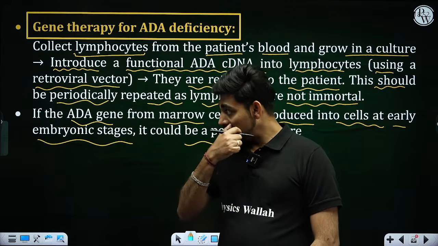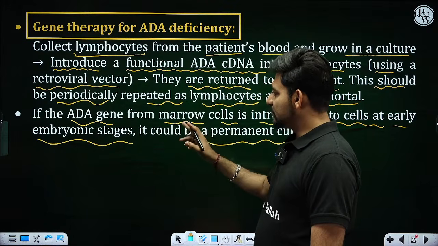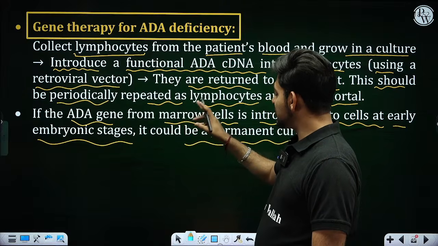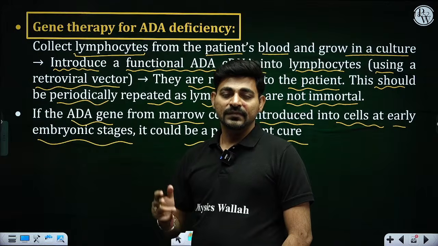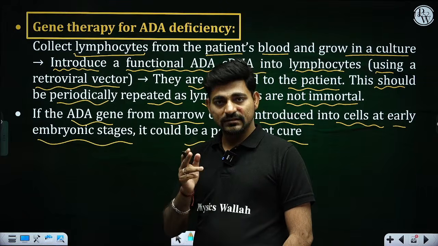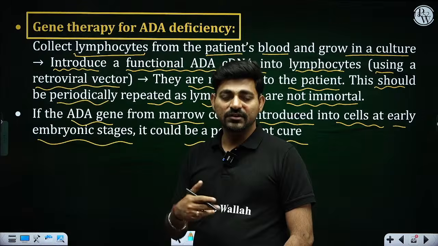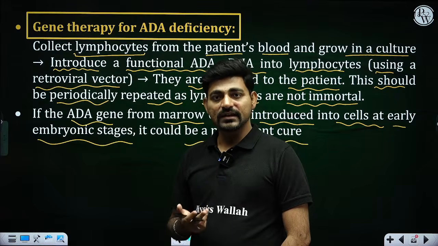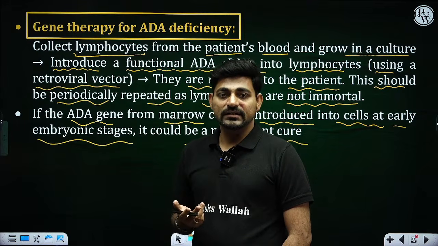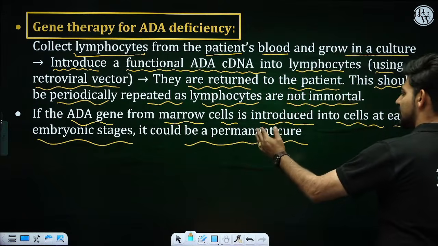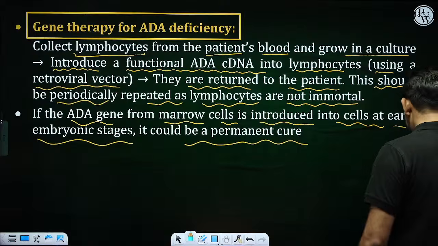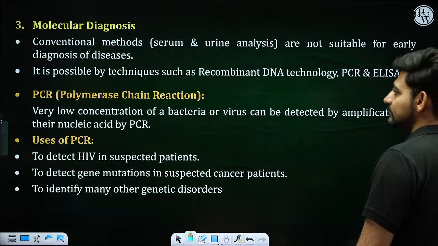So if you got to know that fetus is suffering from ADA deficiency in the embryonic phase only, if you replace with genetically modified stem cells, then only there is a possibility that you can crack a permanent cure of this particular disease. Okay.